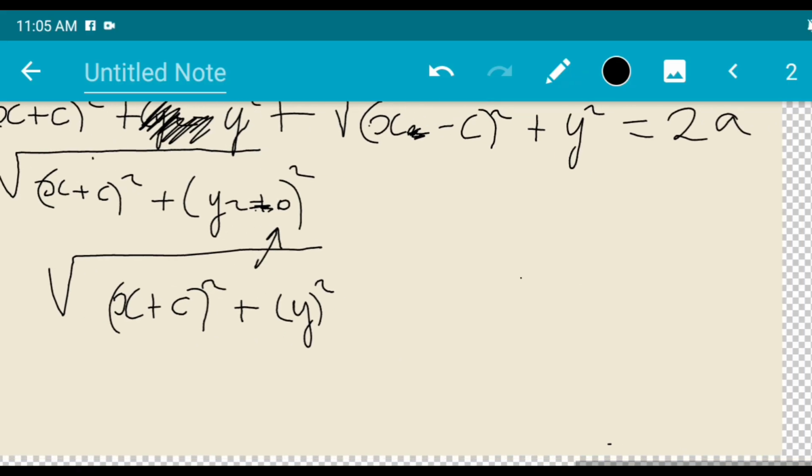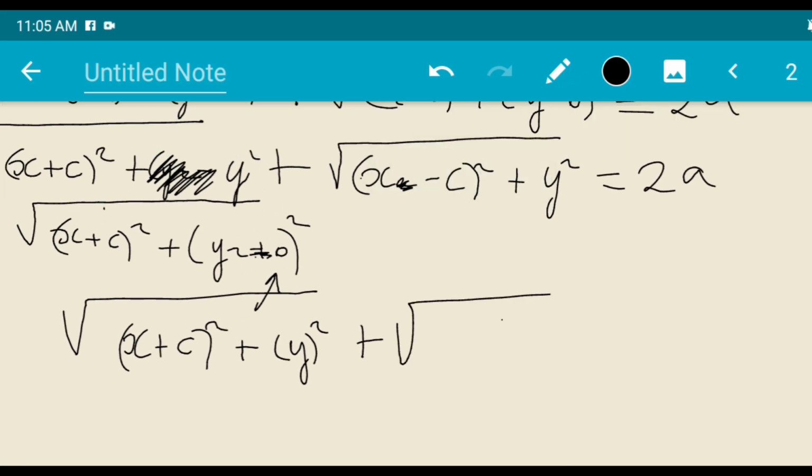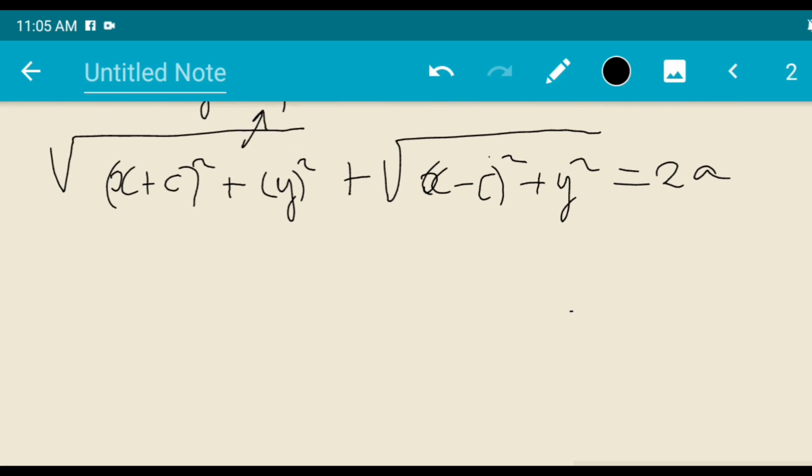So this plus the square root of x minus c squared plus y squared should be equal to what? 2a. Okay, so now let us take this to the other side. Let's make it jump, in quotation marks of course.